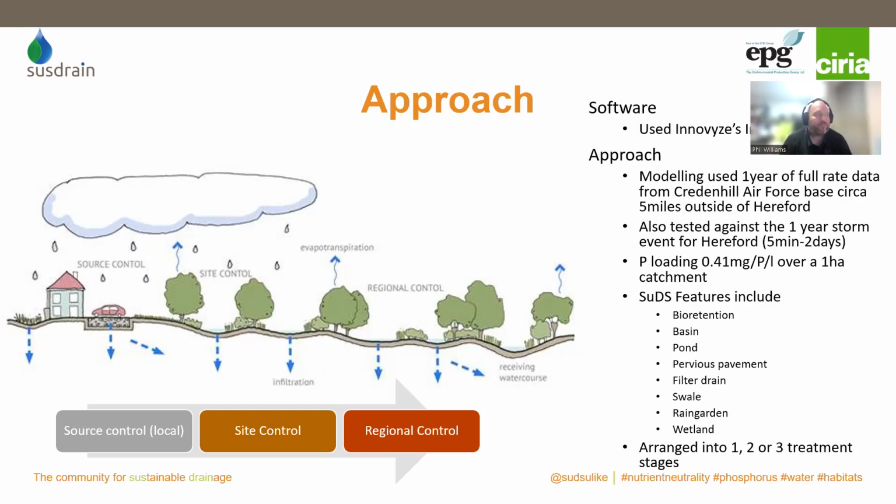That matches up to work produced by Ricardo that identified that was the value for this area. Then we picked a number of the traditional SuDS features, your bioretentions, ponds, various pavements, swales, rain gardens, and arranged them into 1, 2, or 3 different treatment stages.